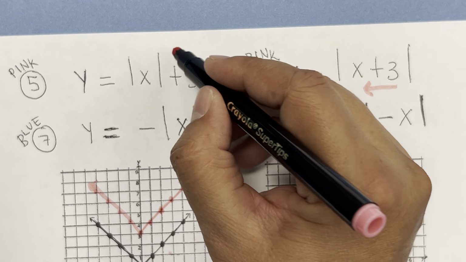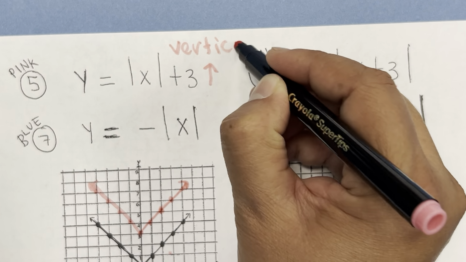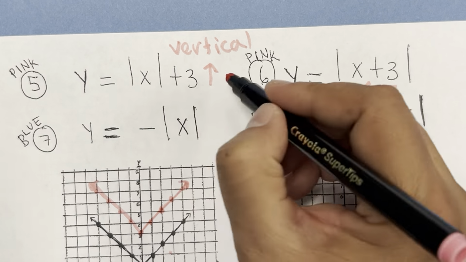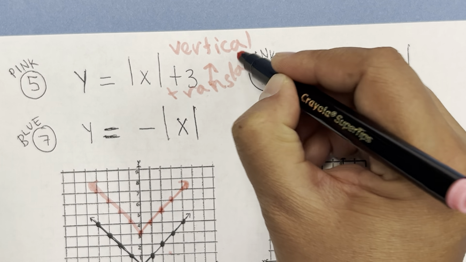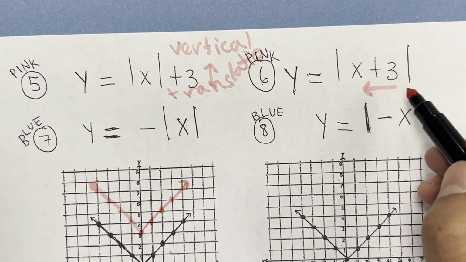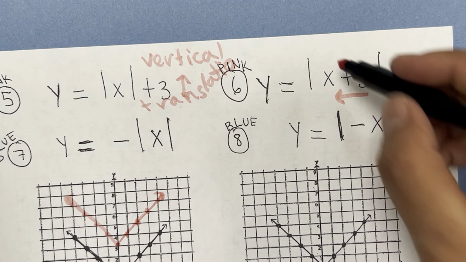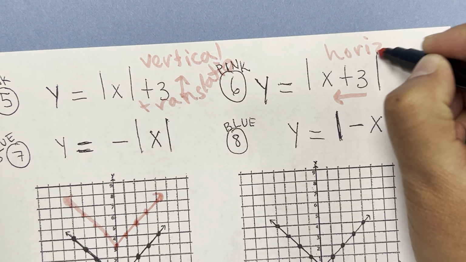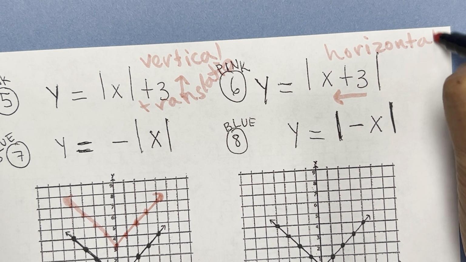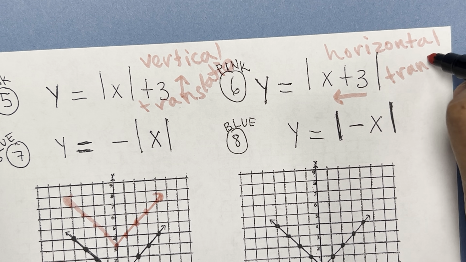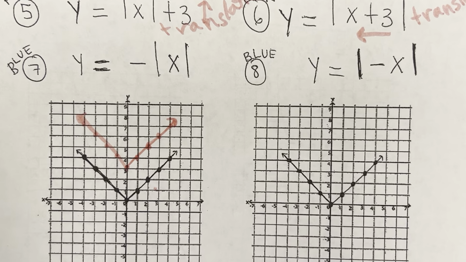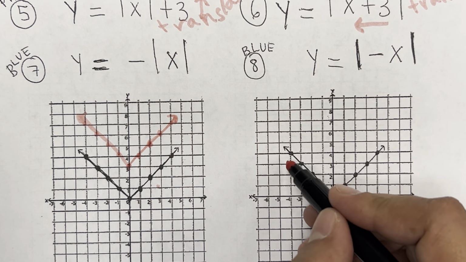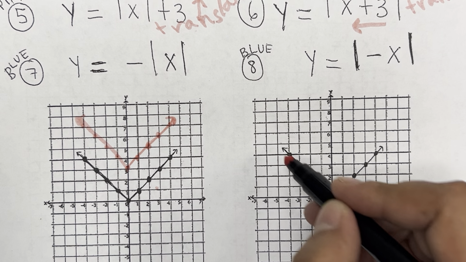So it's a vertical translation. On this one is a horizontal translation. So we're going to move each point 3 spaces to the left, and it doesn't matter where you start.